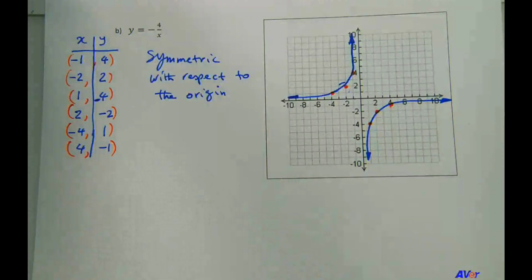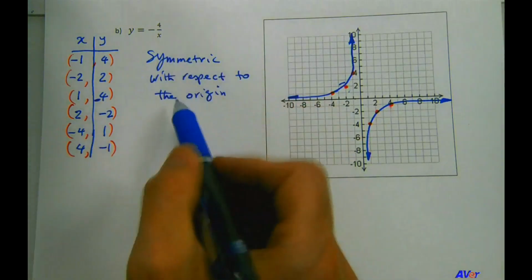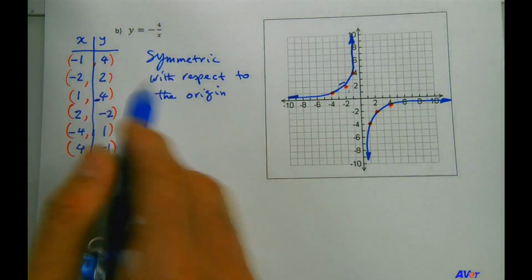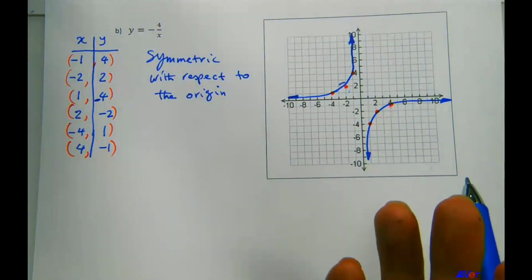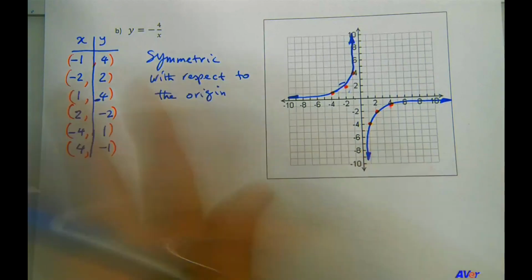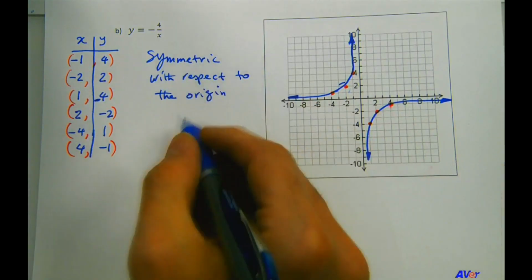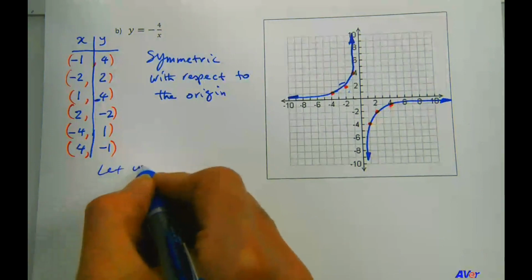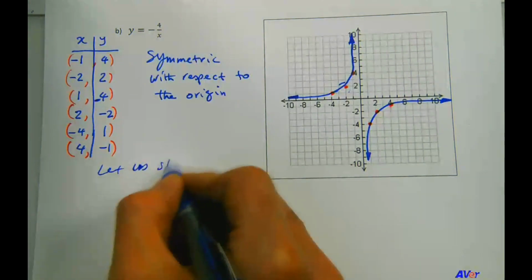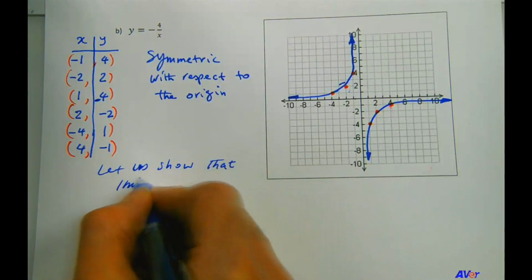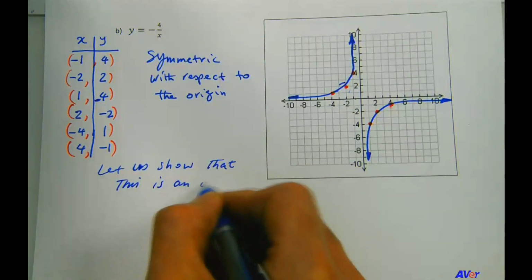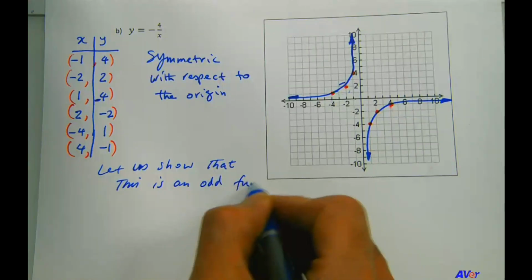So with respect to the origin, well, in this case, this is how we would do it. We would do it rather using the even-odd function. Okay, because this is an odd function. So let's show that this is an odd function.